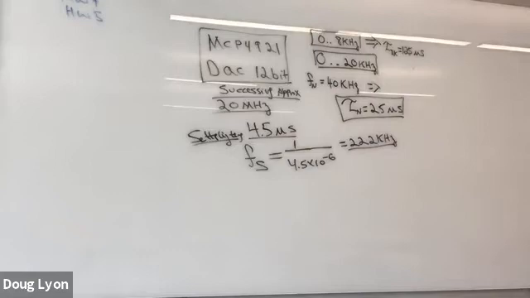Now, not to put too fine a point on it, let's assume I have an Arduino that runs at 16 megahertz. Okay, 1 divided by 16 million equals 0.06 microseconds.